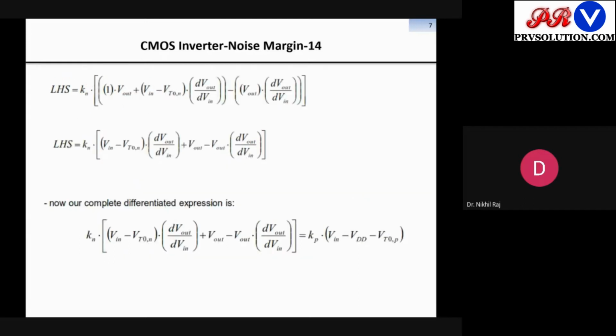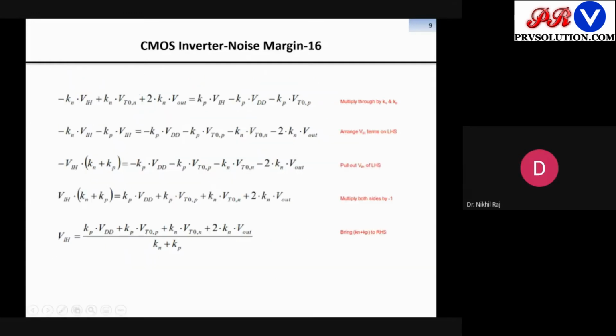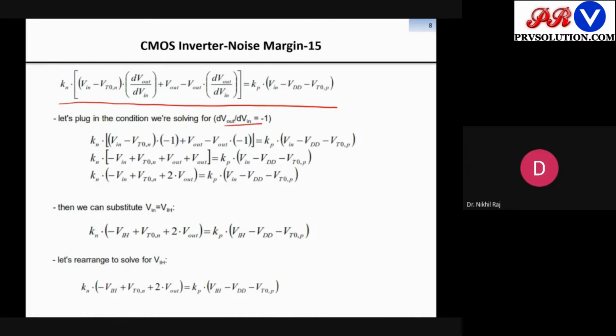So the final LHS will be in this form, in terms of the derivative. Now use the property and substitute minus 1, where dV out by dV in is minus 1.